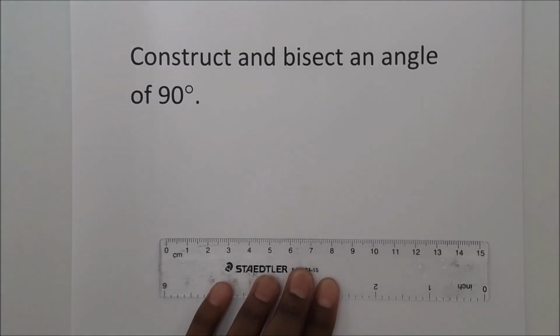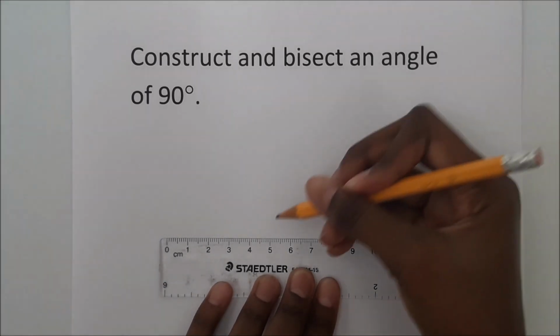Okay, read. Construct and bisect an angle of 90 degrees. Go ahead, do the construction first. Draw a line.